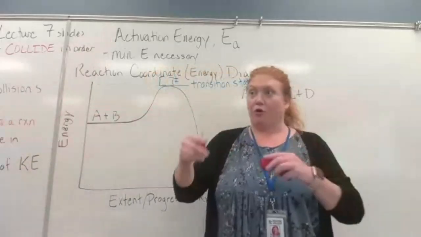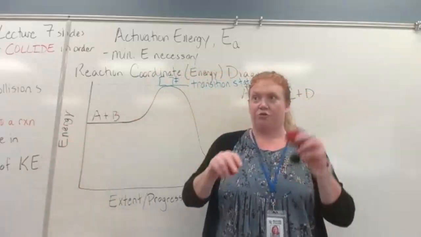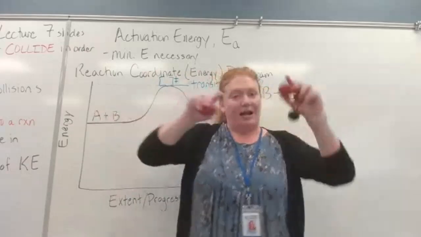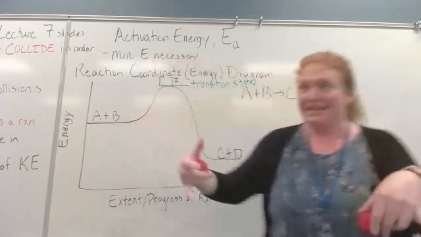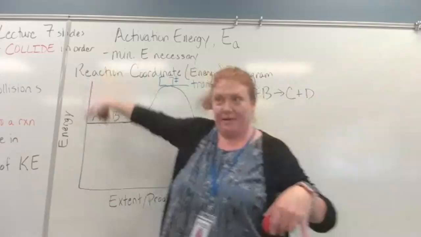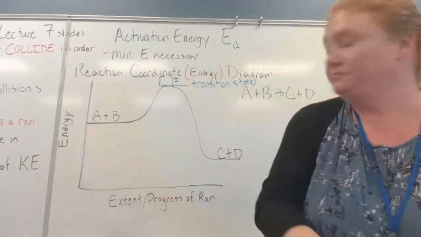Reactant bonds are breaking, so product can form. And what are the two conditions that have to be true for the reactant bonds to break? They have to be in the correct orientation, and they have to have the correct amount of energy for that to begin to happen, okay?